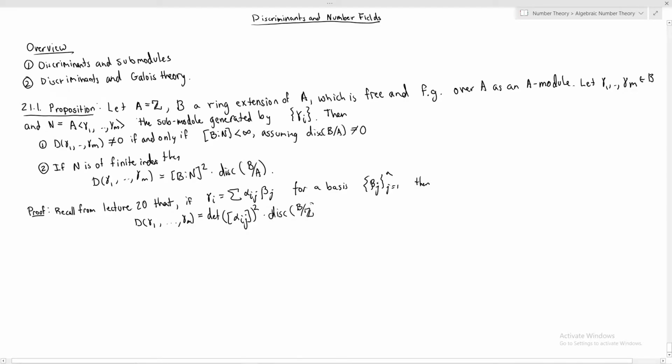Here we're using Z in that, so maybe an aside. We use that since A equals Z, the discriminant is a well-defined integer. Okay, so essentially the claim reduces to the following.